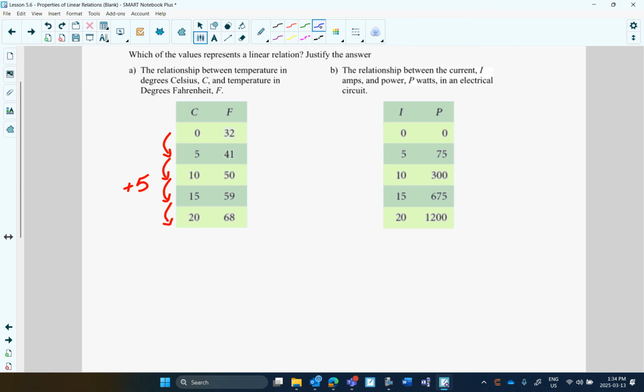Does it? How does it go up to get from 32 to 41? 9, and then 9, and then 9. So linear.